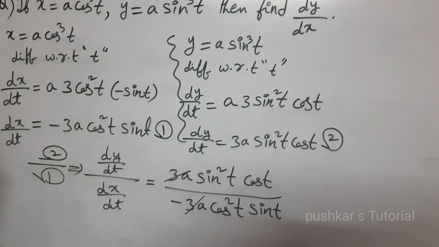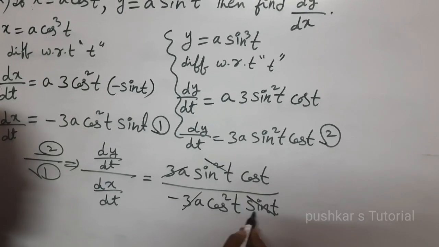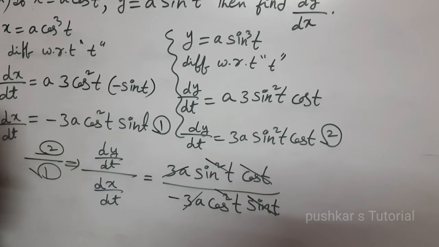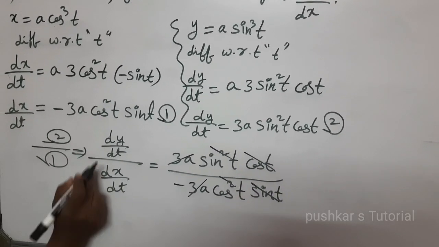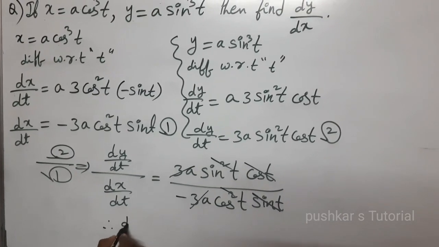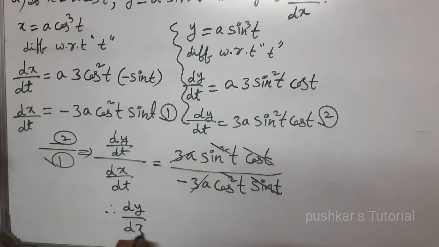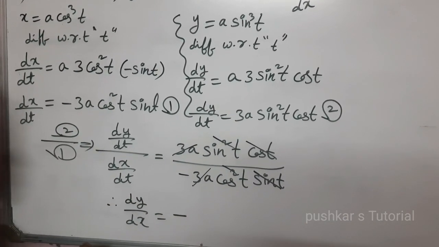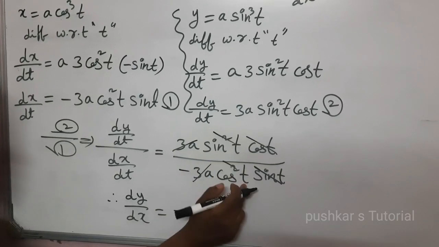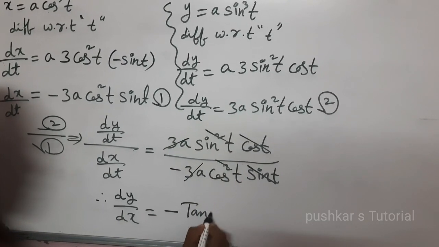In numerator and denominator, 3a cancels, one cos and one sin cancel. So dt also we remove. Therefore dy by dx is equal to minus sin by cos, same angle, tan t.